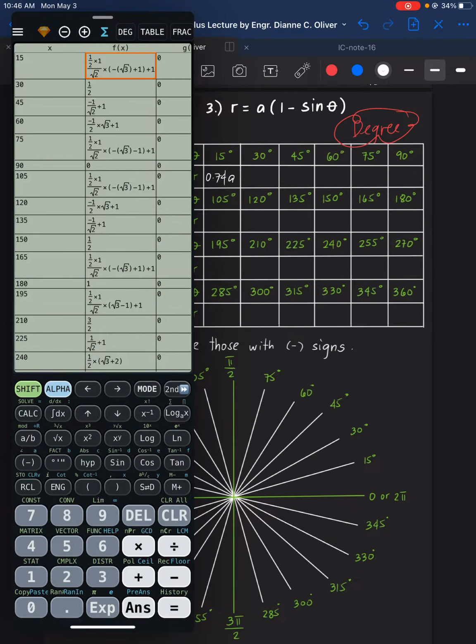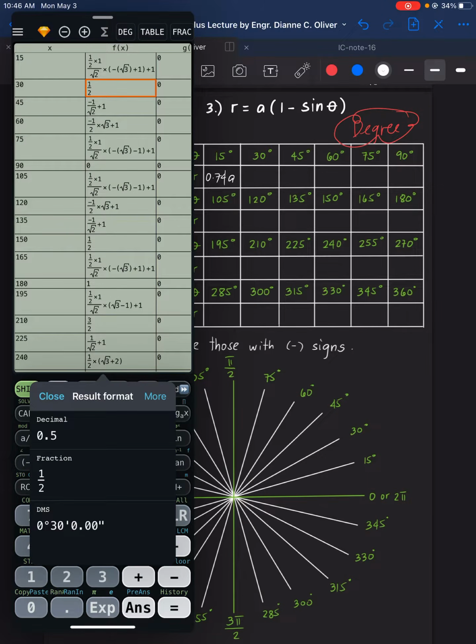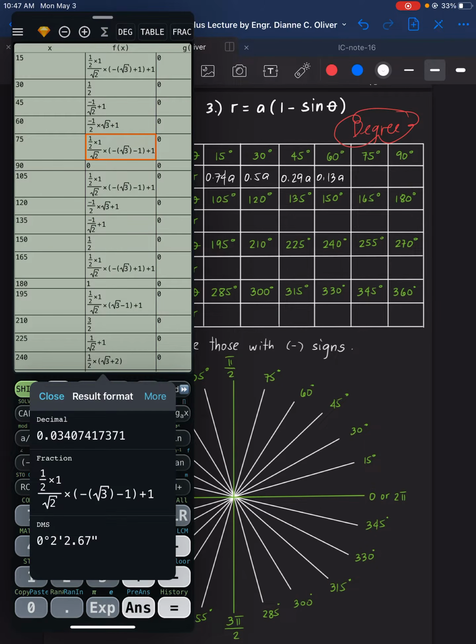Number 30, this is going to be a lot of work, 0.5a. 45 is 0.29a. 60, 0.13a. 75, 0.03. Oh no, this is going to be a lot of work.